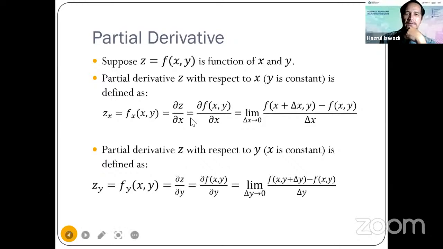This is the symbol, pronounced as "del z del x".